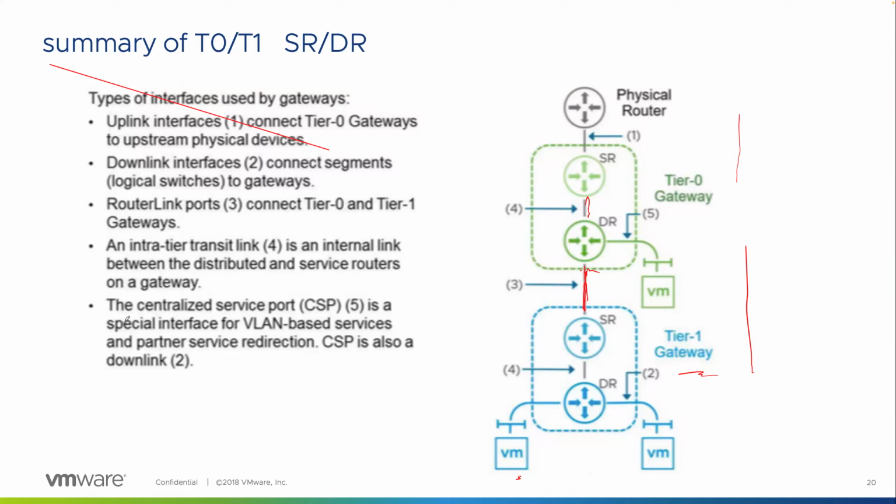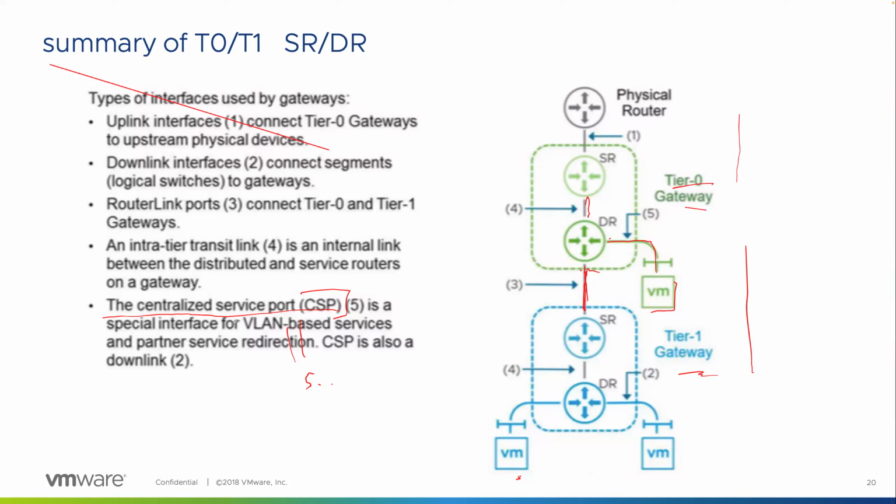Another one I want to mention is this one, centralized services port. This is a pretty old school term. Right now we have service interface port. Service interface port is equal to CSP. This is labeled 5 right here. So for a T0, you can attach a subnet or segment to a T0.